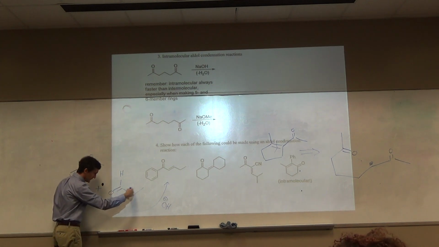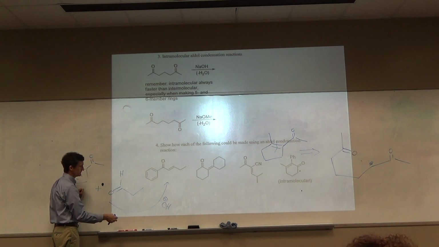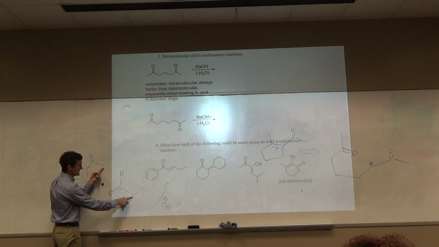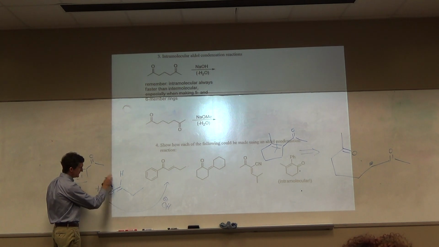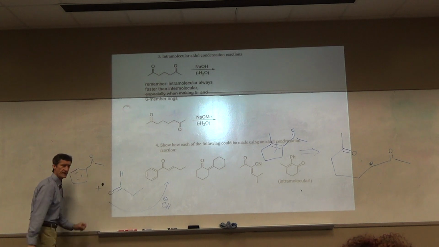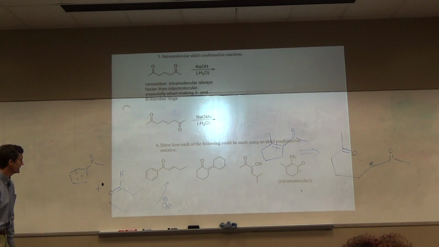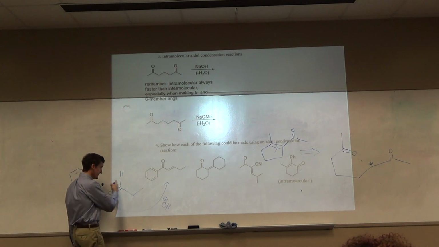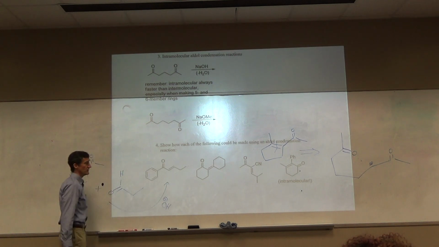Hopefully this would not self-react. There are two different places to form the enolate. Sometimes you may have selectivity, sometimes you may not. But ultimately, these are the two that would give this by an aldol.